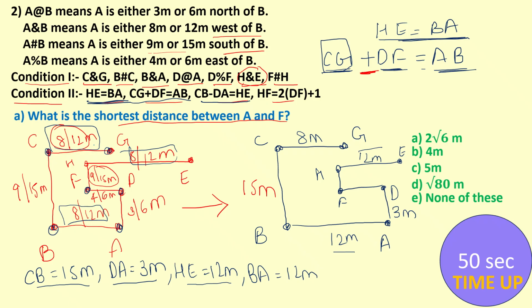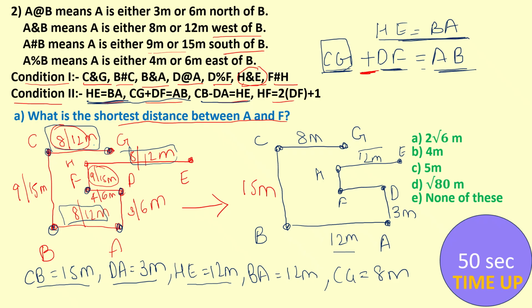So if CG is 8 meter and CB is 15 meter, what is left is DF and HF.